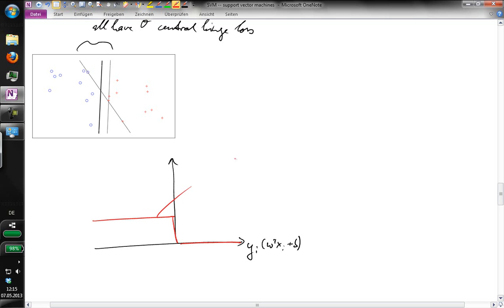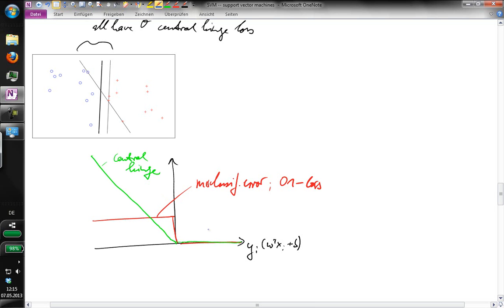This is the misclassification error, which is sometimes also called the 0-1 loss, because it's either 0 or 1. Then we have the central hinge function, which is 0 here, and then increases linearly. This was the central hinge.